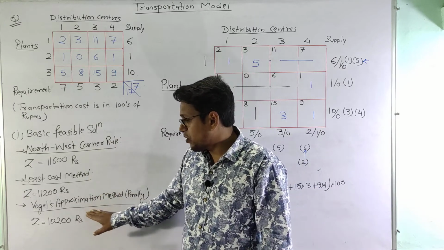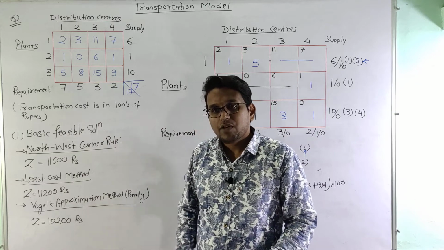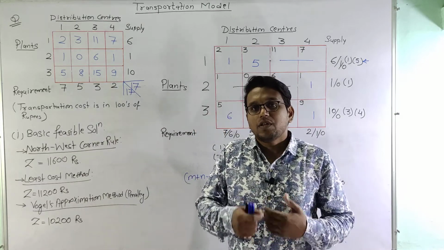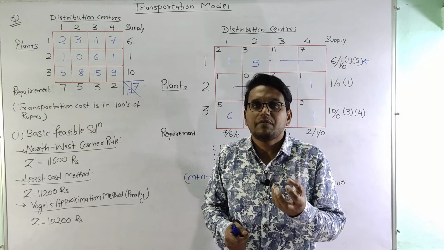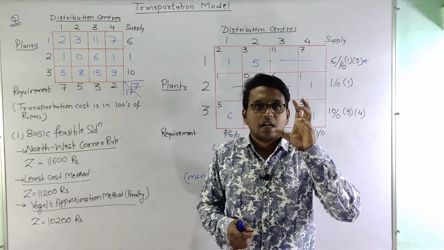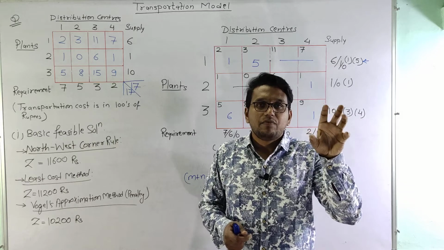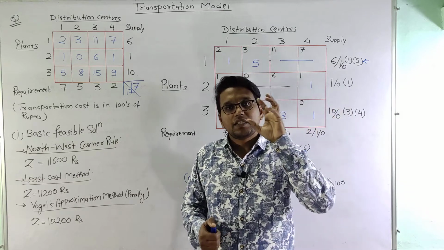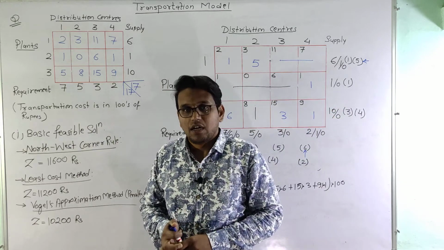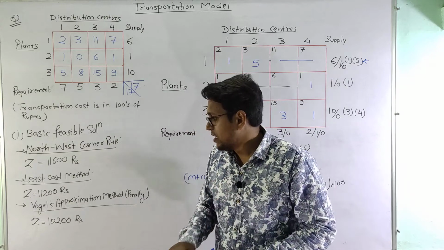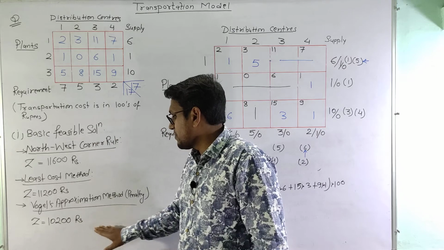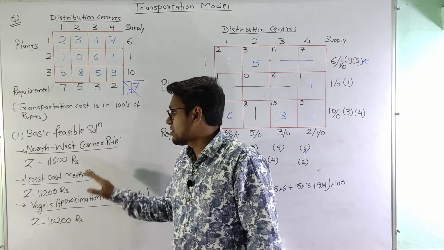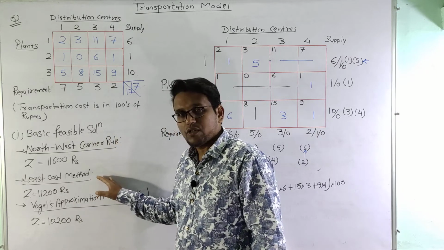And in the Vogel's approximation method, we are going one step ahead and calculating the penalty so that once we have fulfilled the minimum cost, we can allocate the remaining into the other minimum cost cell. So that's why Vogel's approximation method gives us a slightly better solution than northwest corner rule and least cost method.